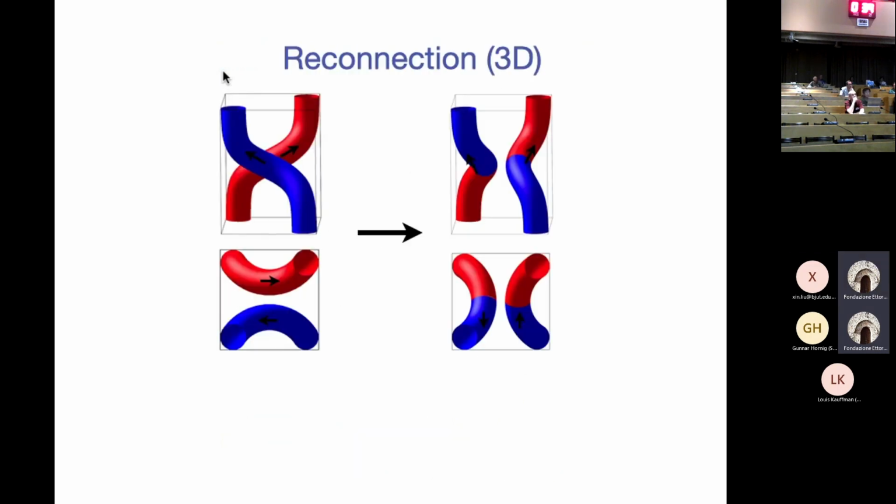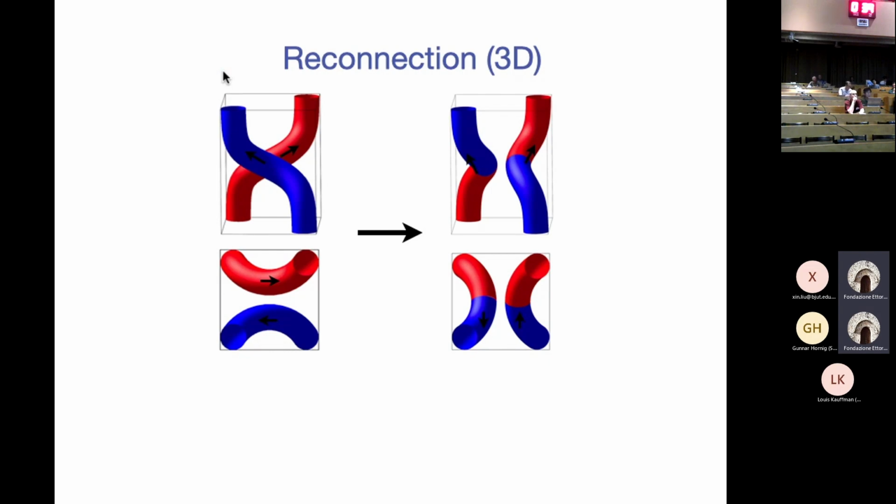Right. Now, this cannot be the whole story, because we know from observation that the topology of these fields changes every now and then. There are big eruptions of magnetic fields on the sun. And so reconnection has to happen.